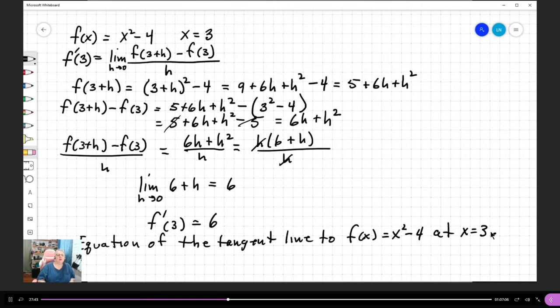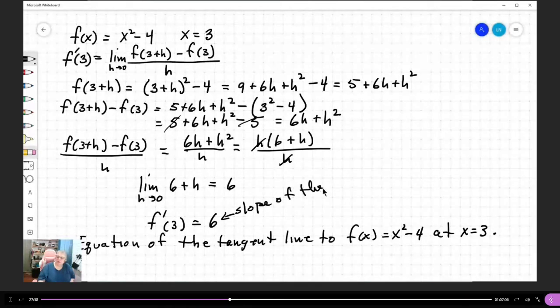What do I need to write the equation of a line? I need a slope and I need a point. Here's my slope, so this is the slope of the tangent line.